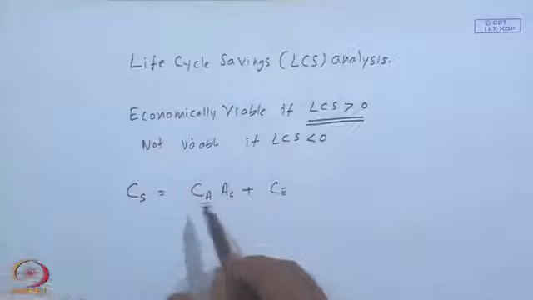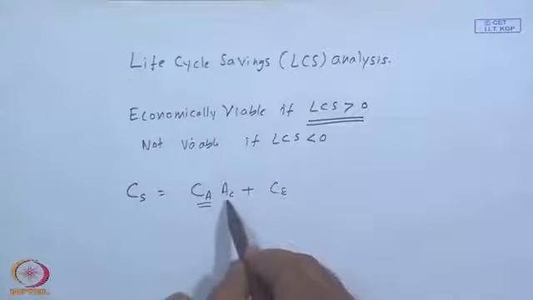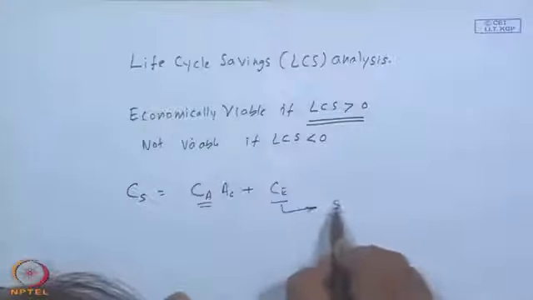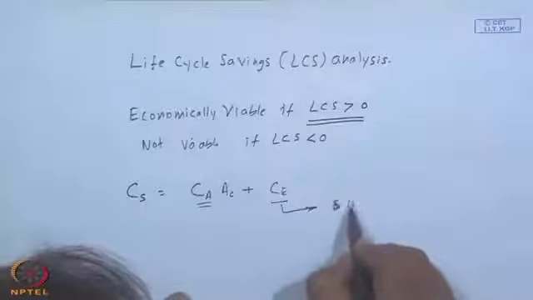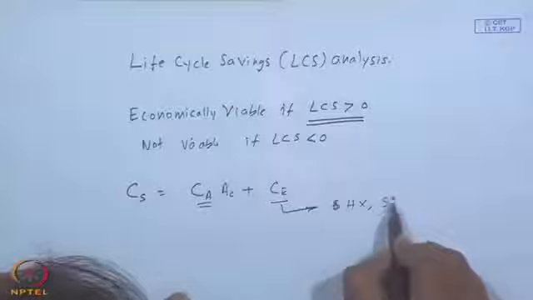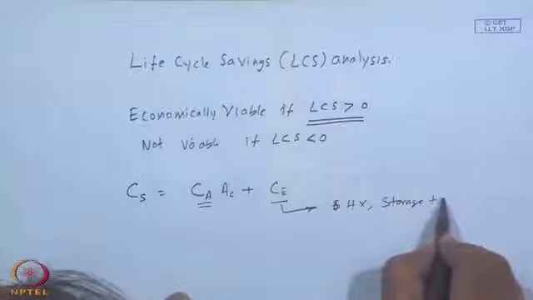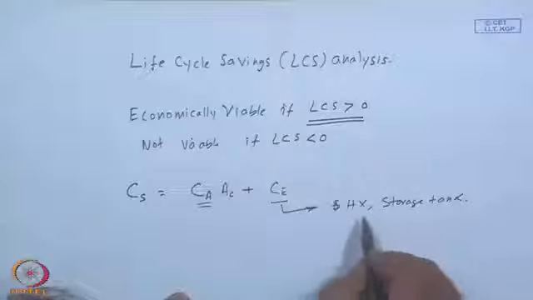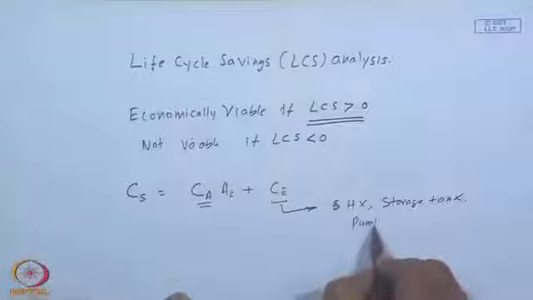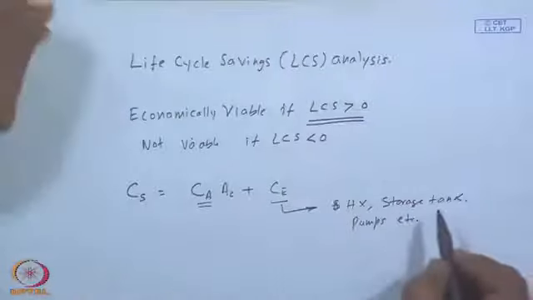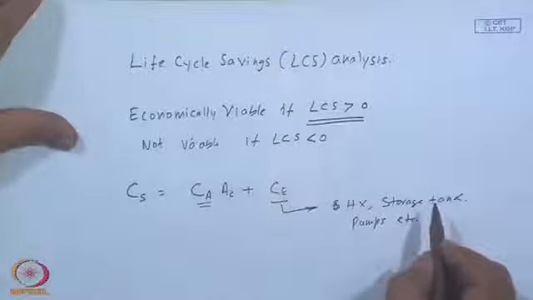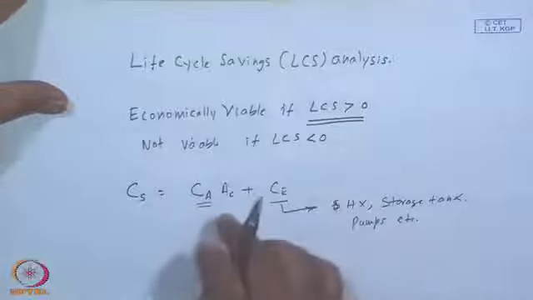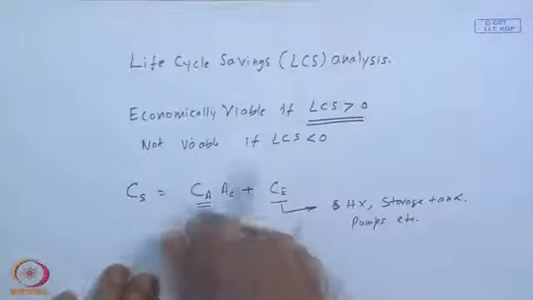So, you can put all those things in this factor CA, which depends upon the area of the collector, and in addition this CE may be coming from the heat exchanger and maybe to some extent the storage tank, though that is also proportional to the collector size, and then pumps, etc. Unless the size drastically changes, the pump, the heat exchanger and the storage tank do not change directly in proportion to the area of the collector.